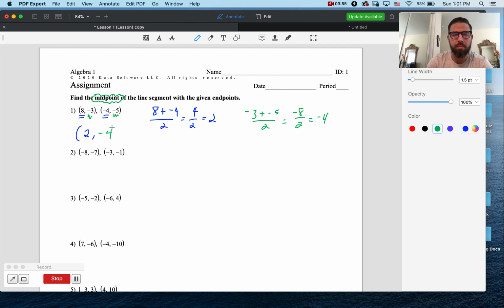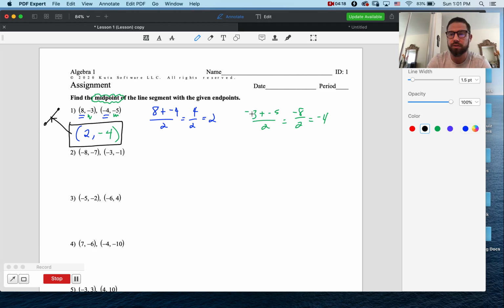So that is our y point, and this is our answer. Even if you don't have a graph, you can figure out what the midpoint is of this segment. It's the point 8, negative 3. It's the point negative 4, negative 5, right? And then you have a line segment, and this guy's right in the middle.